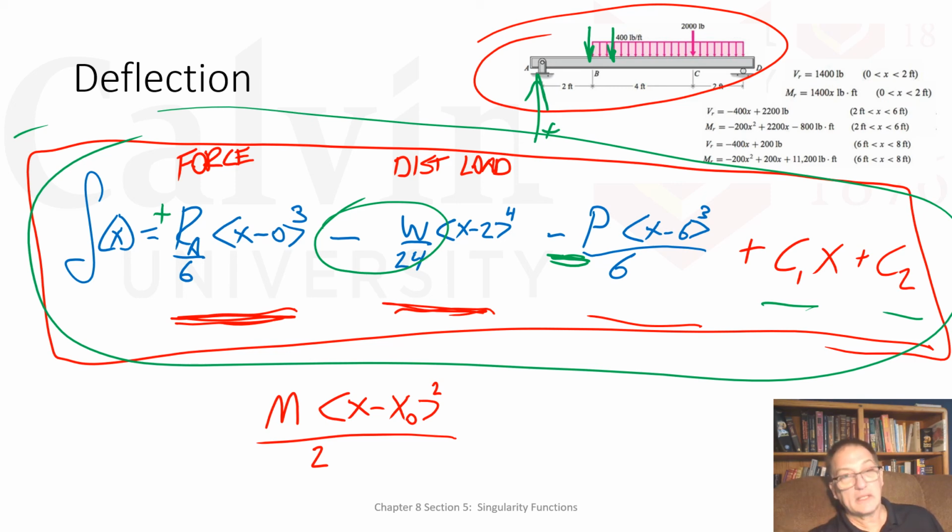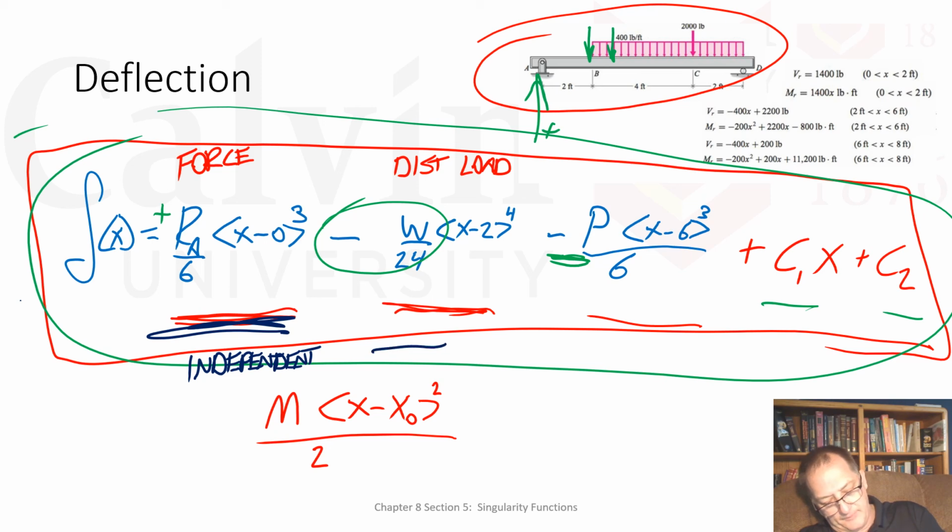I guess one last comment I should make is that as we look at this, I said this at least twice, this term is independent of this term and that term.